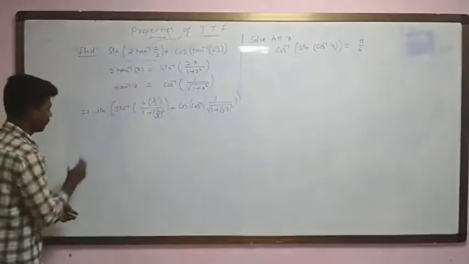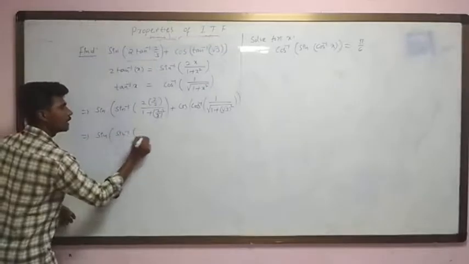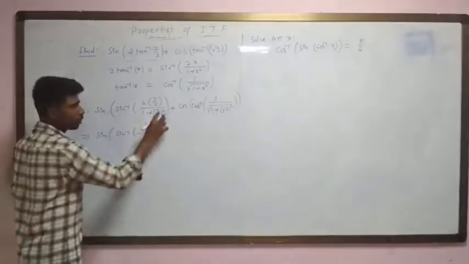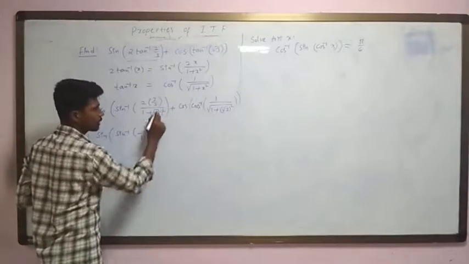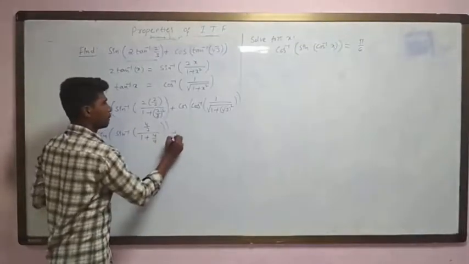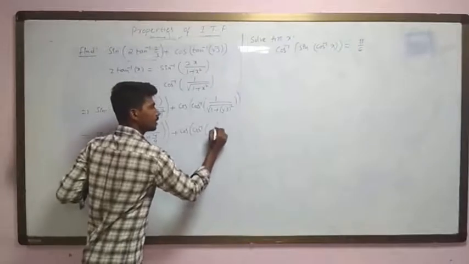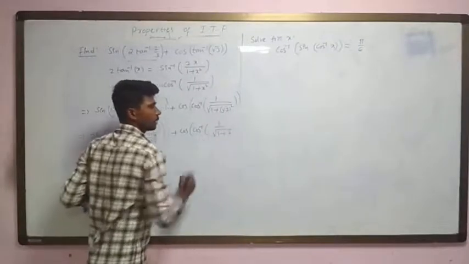Simplify this one. Sine inverse 4 by 3 by, 2 square is 4, 3 square is 9. So I write it as 1 plus 4 by 9 plus cos inverse 1 by root 1 plus, root 3 square is 3.